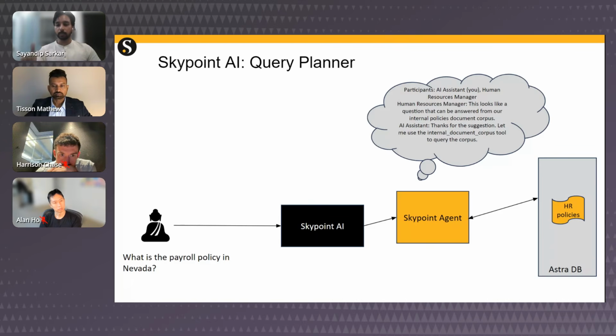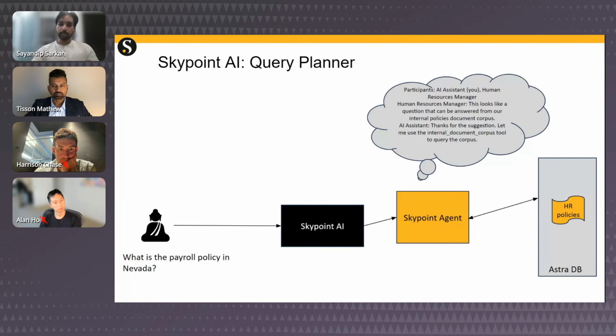Then the AI assistant uses the tools that are present with the LLM to query the unstructured source and get back the result. We use LangChain for this entire orchestration. So when I say agent, it is the agent abstraction in LangChain. And when I say tool, it is the tool abstraction in LangChain.